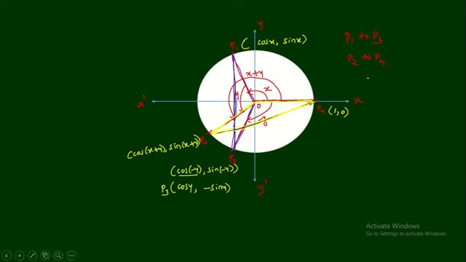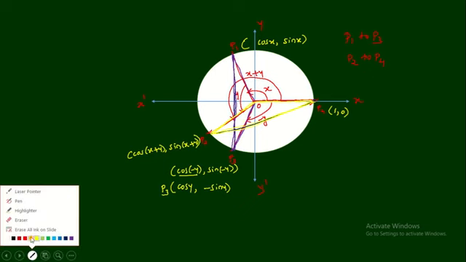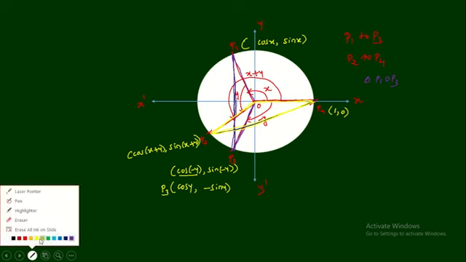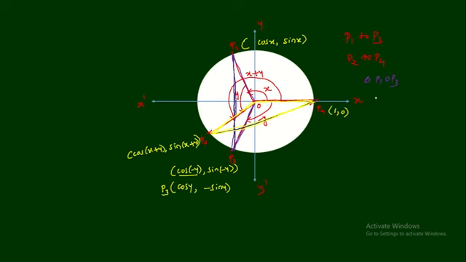The two triangles I can write here, students, to understand better. The purple color triangle is triangle P1OP3. You have to note down this in the diagram. The other triangle is the yellow color triangle P2OP4.